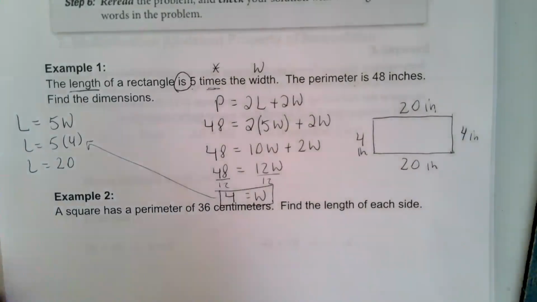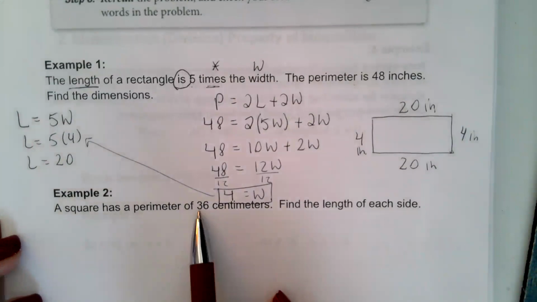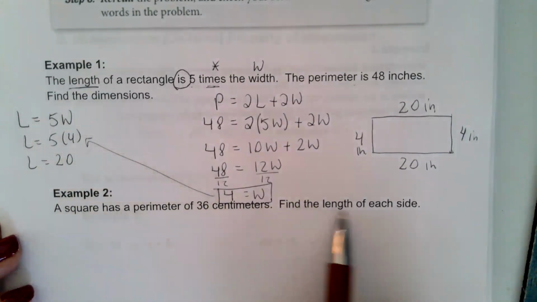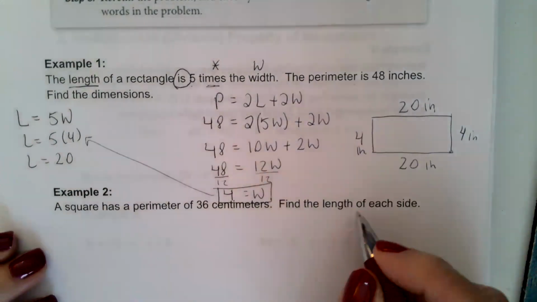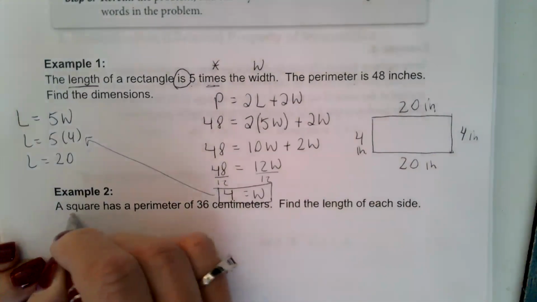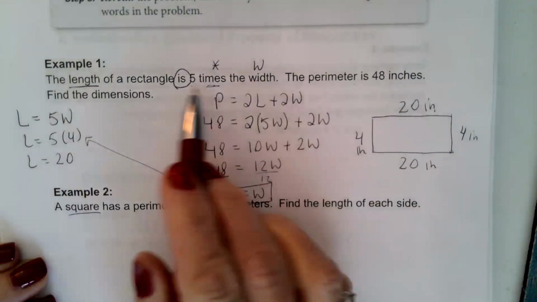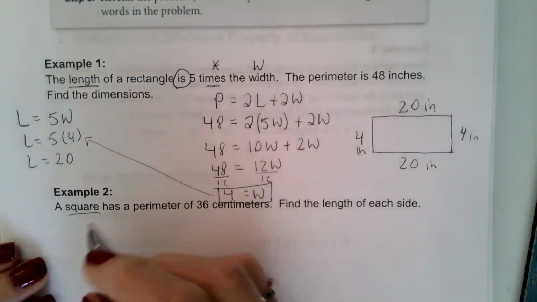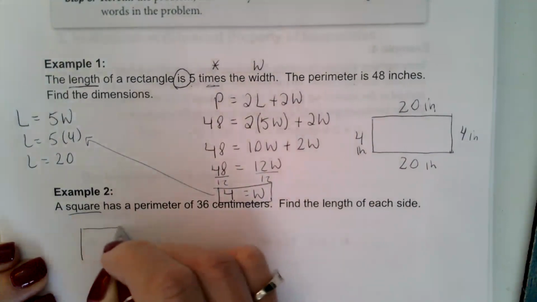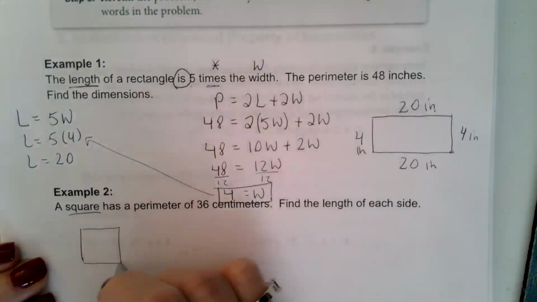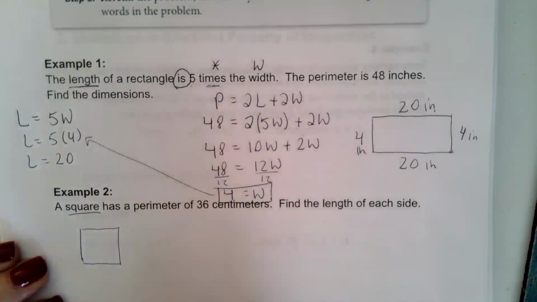Okay, example 2. A square has a perimeter of 36 centimeters. Find the length of each side. Okay, so a square is a rectangle, but it has the same length on all 4 sides. So it looks something like this. Now, this is not a perfect square, I know, but I'm doing my best.